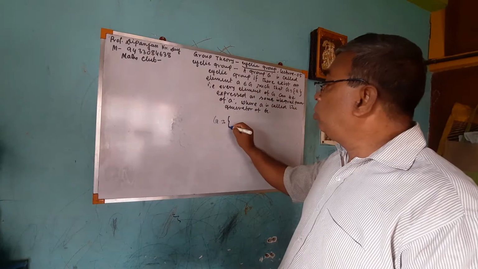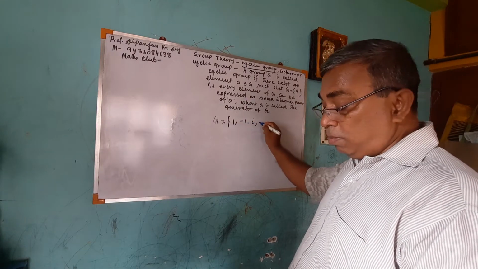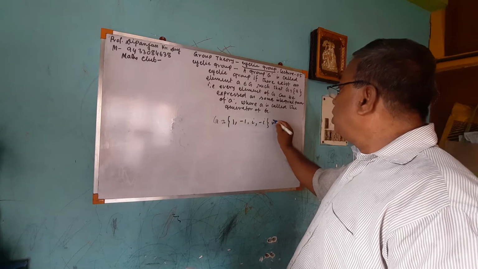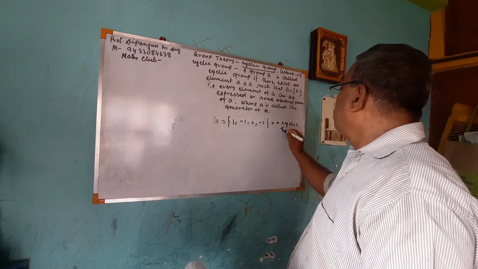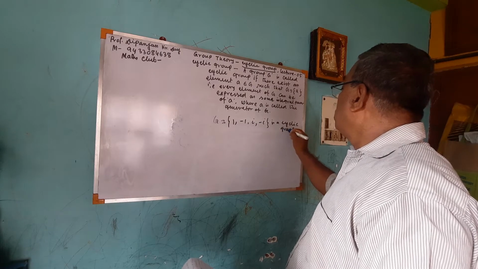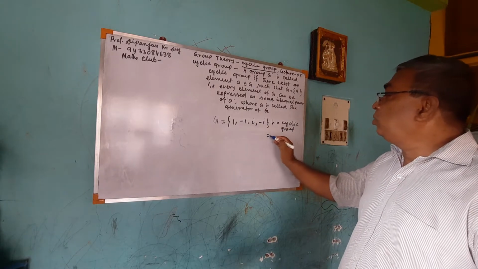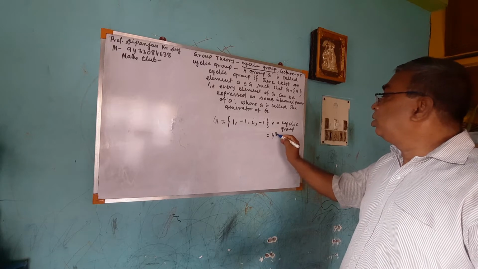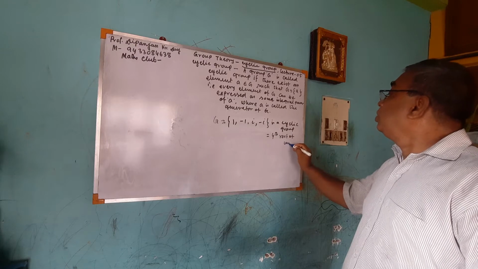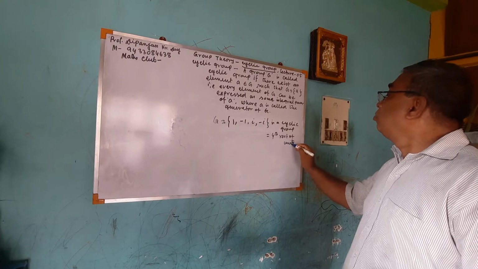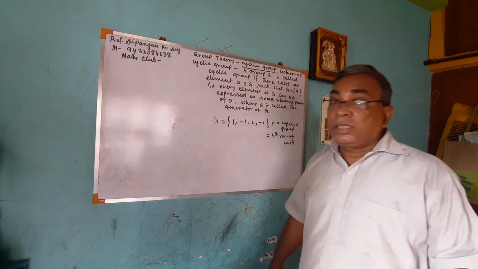G equals 1, minus 1, i, minus i, and this is a cyclic group. This is known as the fourth root of unity. The fourth root of unity is a cyclic group.